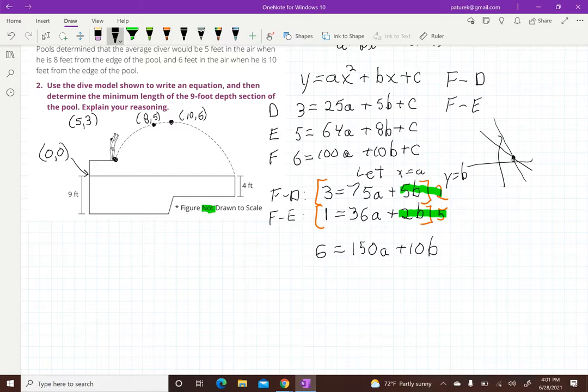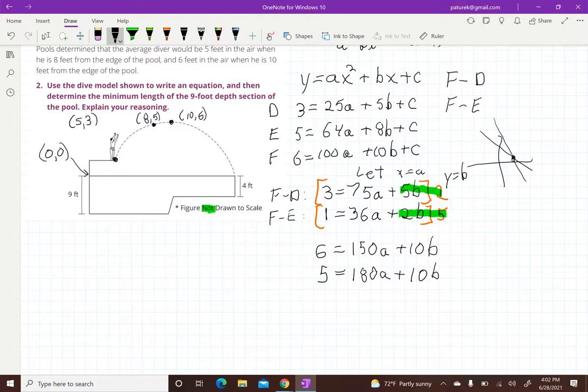On the f minus e expression, when I multiply everything by 5, 1 times 5 is 5. 36 times 5 is where I pull out my calculator and I say, oh, calculator, what is 36 times 5? And it replies 180 times a. Meanwhile, 2b times 5 is 10b.